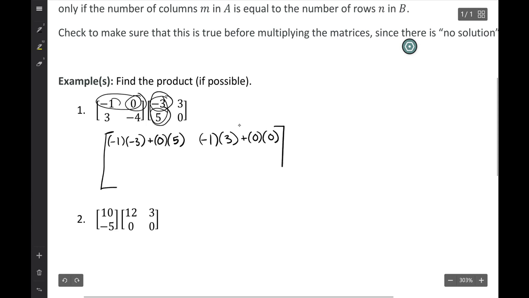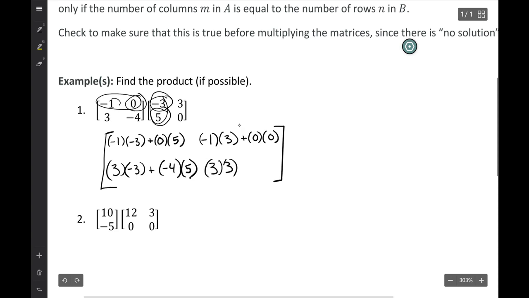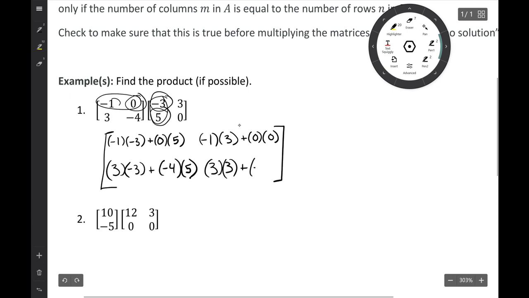My second row of my new matrix will be 3 times -3 plus -4 times 5. And the final entry will be 3 times 3 plus -4 times 0.